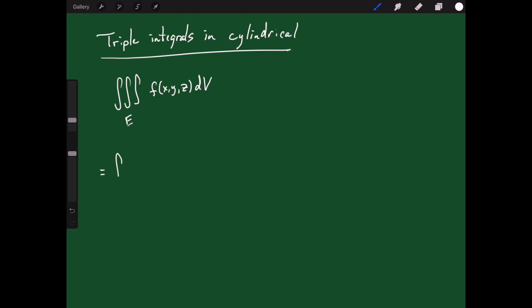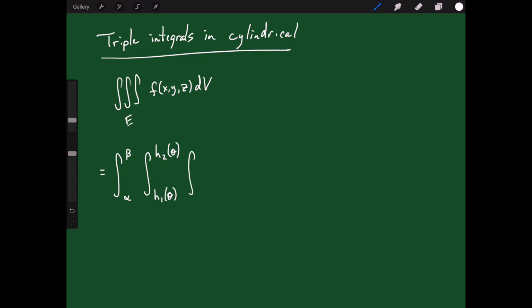The outside is going to be the integral from alpha to beta, where alpha and beta are angles. Then I'm going to have the integral from h sub 1 of theta to h sub 2 of theta, where h sub 1 and h sub 2 are polar curves. So think of those as r's.